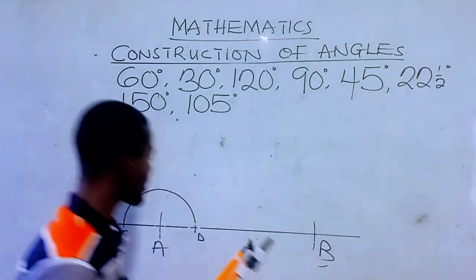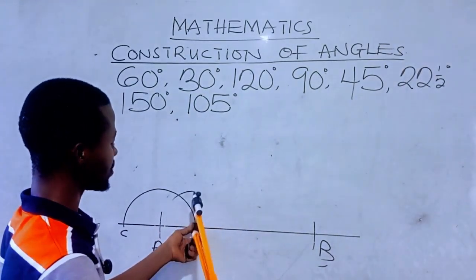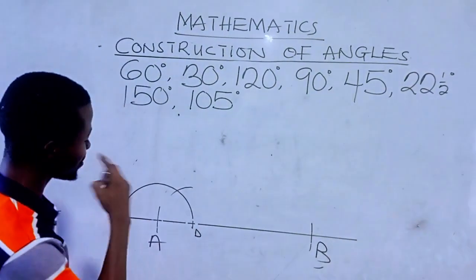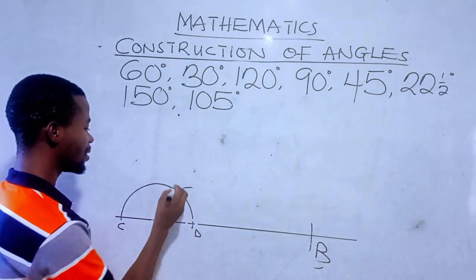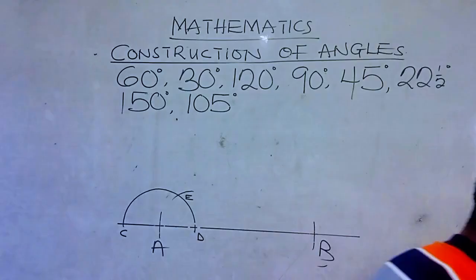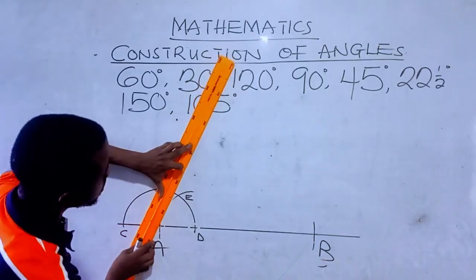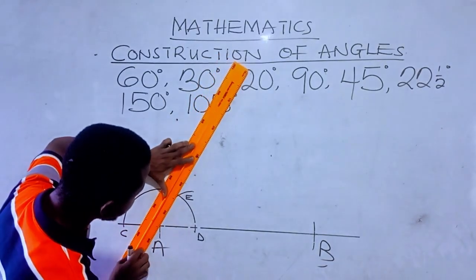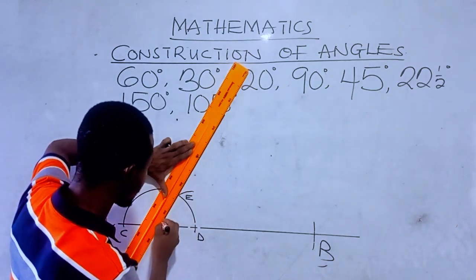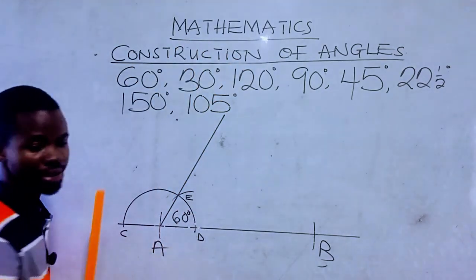So you stand at D and then you make an arc to cross the semicircle. Let's say the intersection of the arc and then the semicircle is E. Now you take your ruler and then you draw a straight line from A to pass through E. So this angle here is 60 degrees.